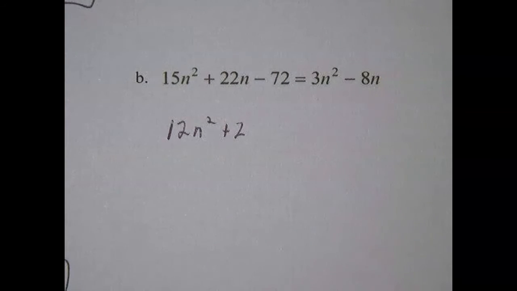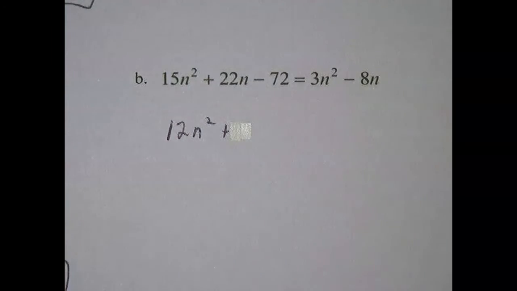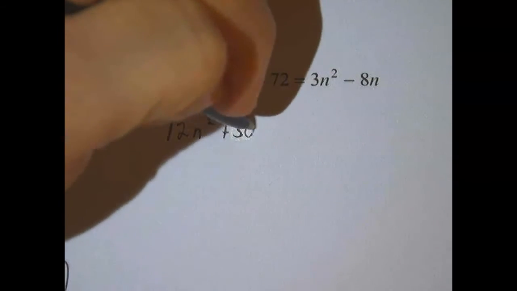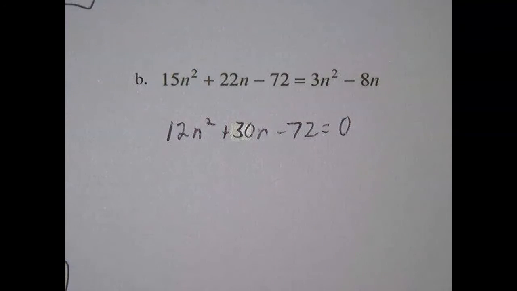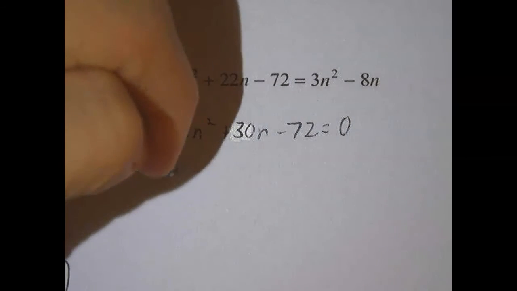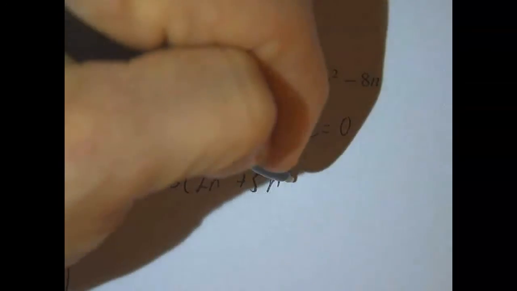When I add 22 plus 8, that's a 30n. And then minus 72. Then I notice I have a GCF that I can take out of 6. So I'm going to pull out a 6. I have 6 times 2n squared plus 5n minus 12.